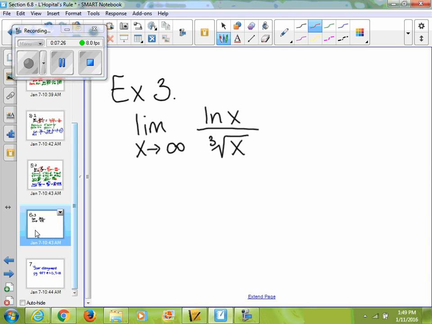So let's do one more like that. So that was example 3. I'm asked to find the limit as x approaches infinity of the natural log of x divided by the cube root of x.